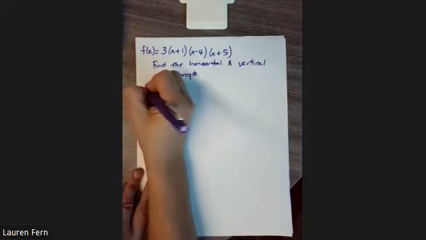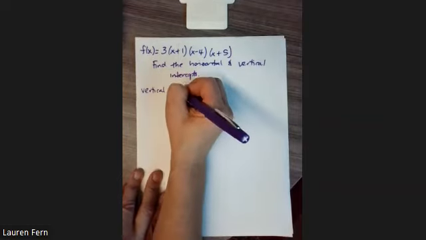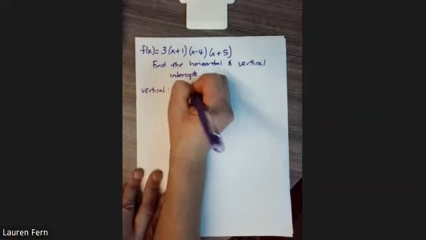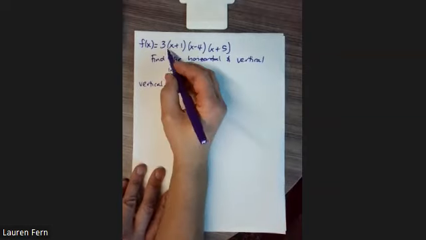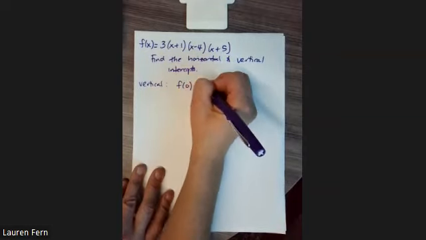Well, my vertical one is my favorite one to find because what do we do? We set x equal to 0 and we solve for y. So if I plug in x equals 0 here, I have 3 times (0 plus 1) times (0 minus 4) times (0 plus 5). I have 3 places to plug in x equals 0.